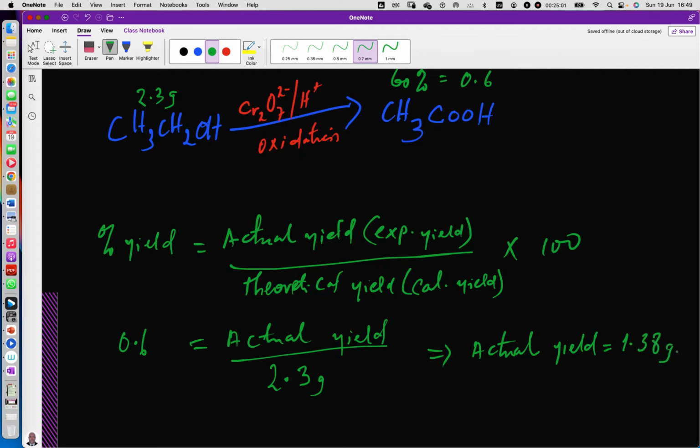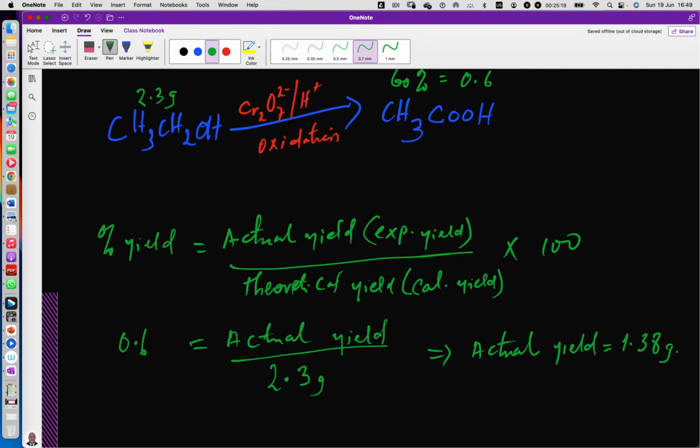The calculation: 0.6 times 2.3, yeah, 1.38 gram. So it is 1.38 gram.